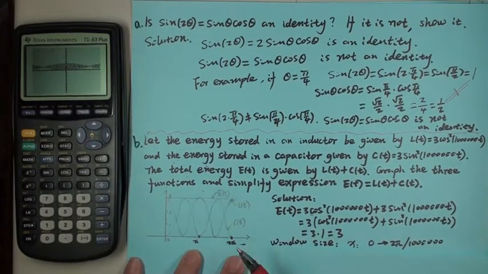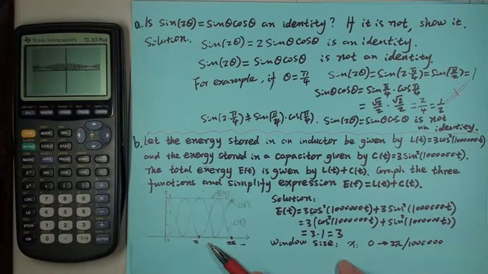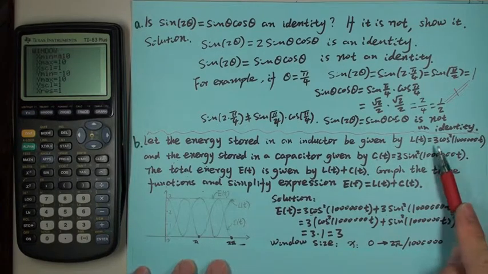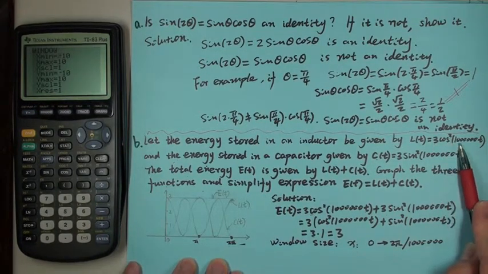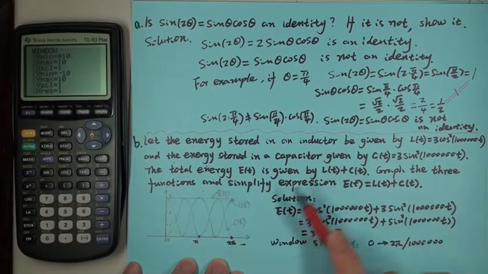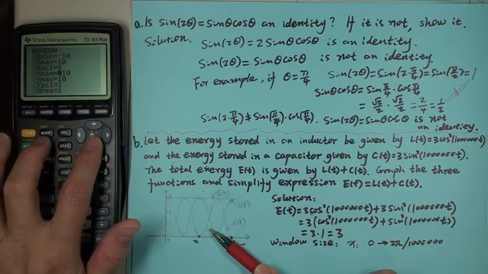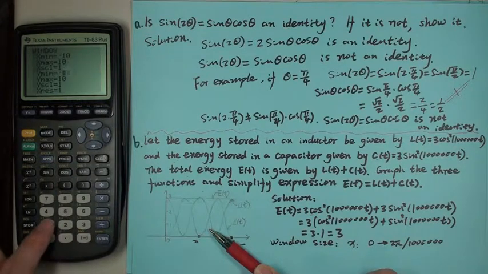Now, here you may set up your window. Here 3 cosine 1 million t squared. So for y, the smallest one is -1.